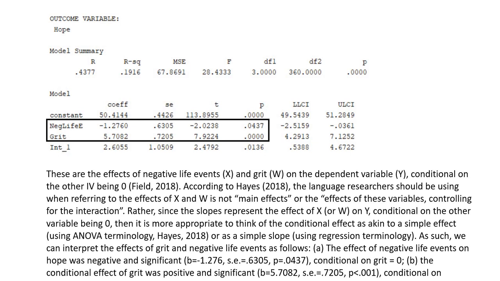According to Hayes, the language that researchers should be using when referring to the effects of X and W is not main effects or the effects of these variables controlling for the interaction. Rather, since the slopes represent the effect of X or W on Y, conditional on the other variable being 0, it is more appropriate to think of the conditional effect as akin to a simple effect or a simple slope.